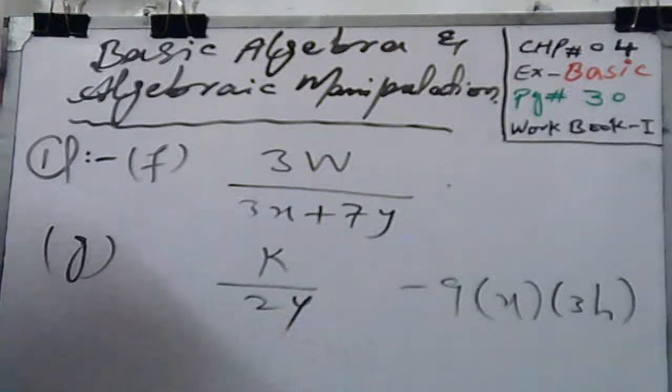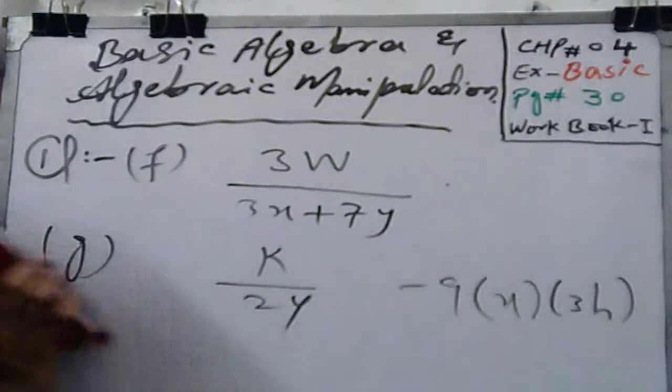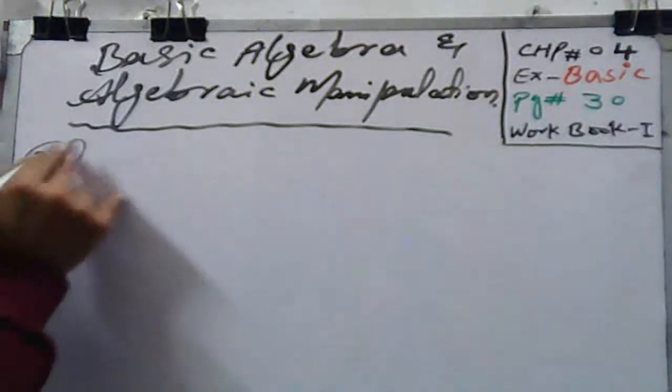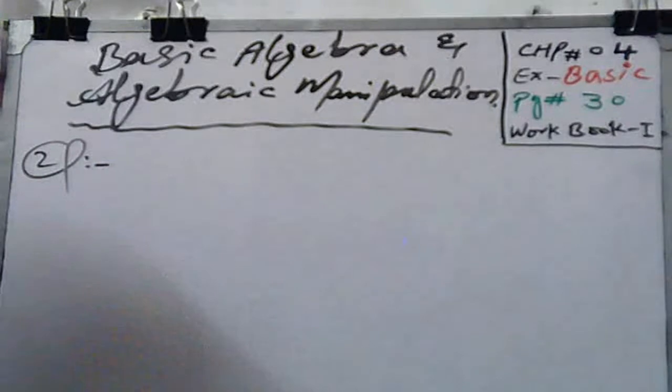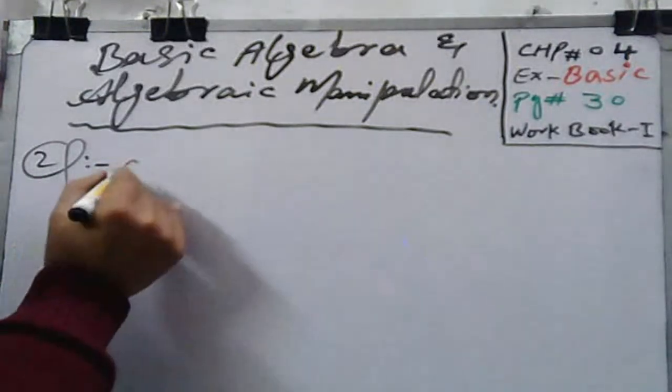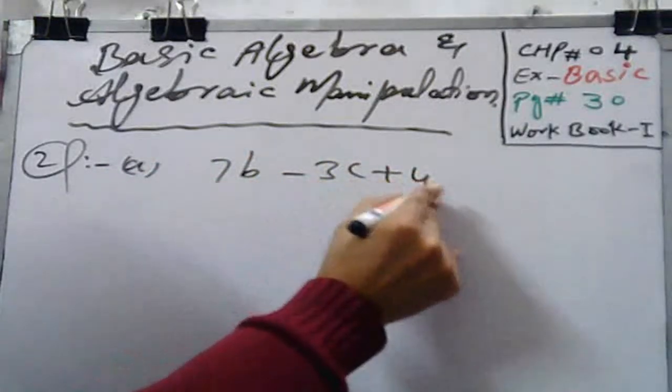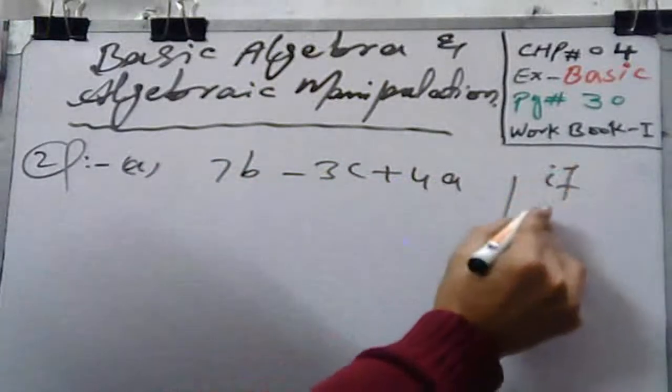Now coming to question number 2. Question number 1 was only to write a simple expression. Now in question number 2, we have to find the value of 7b minus 3c plus 4a, if the value of a is 3, b is 2 and c is minus 1.